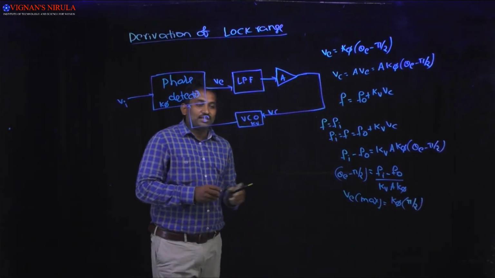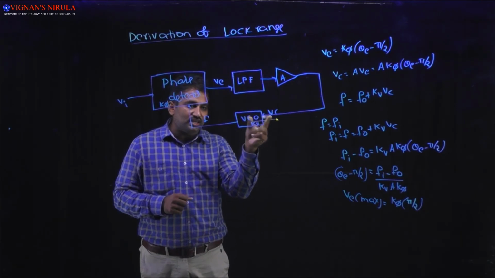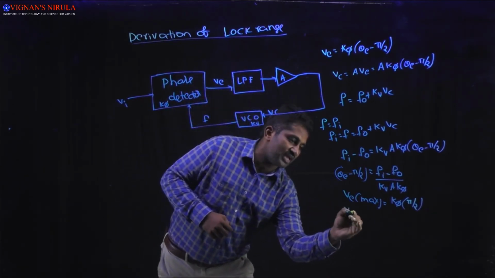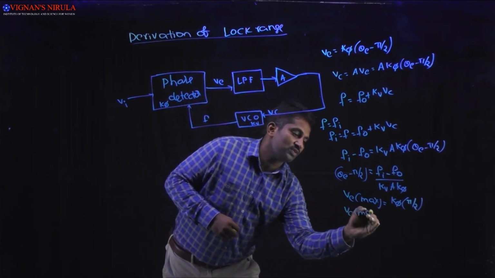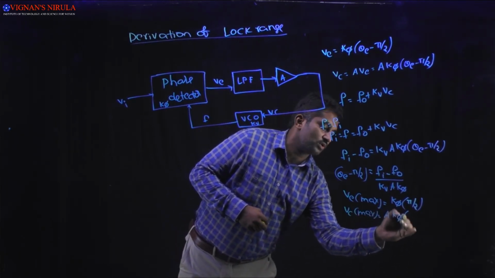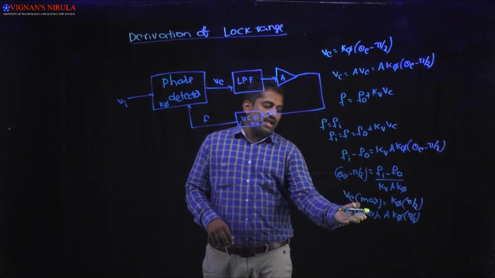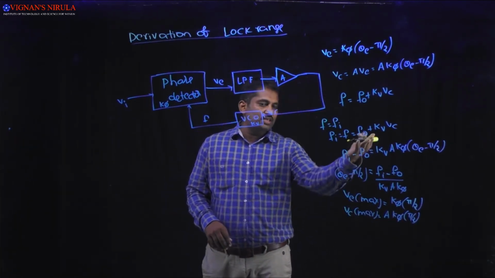At the same time, the maximum control voltage is generated, which will be taken as Vc max. Vc max is equal to A into K phi into pi by 2.